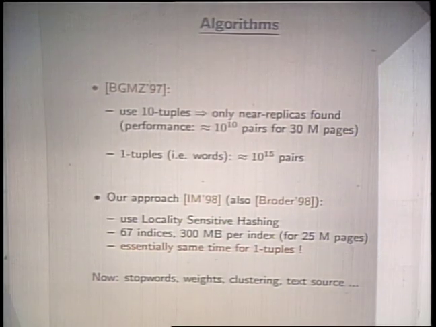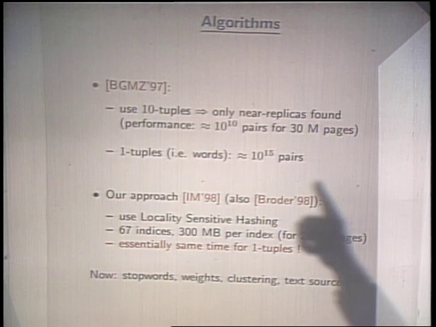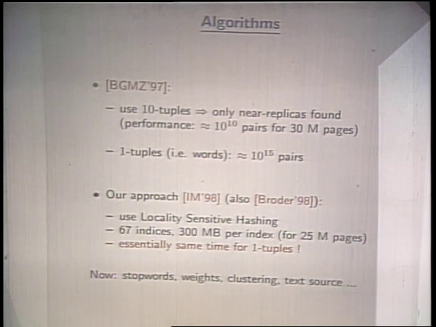And our approach using locality-sensitive hashing is as follows. In fact, it was mentioned that in this specific context, this algorithm was also observed by Broder in '98, independently from us. So we are using locality-sensitive hashing, and it turns out that to get the same error as they are getting here, the algorithm is randomized, we only need to use 67 indices.